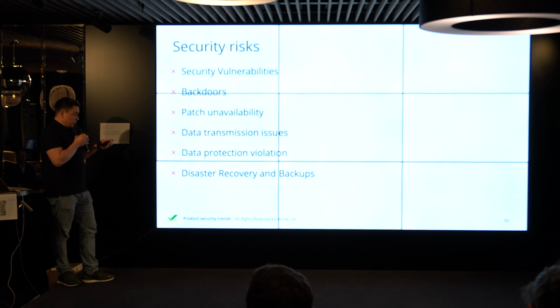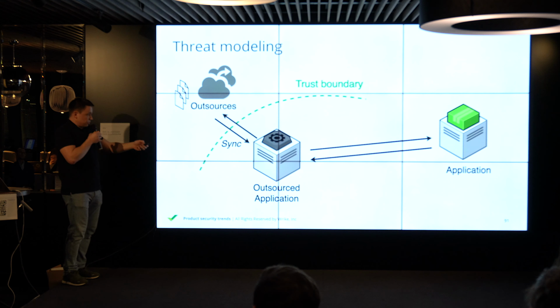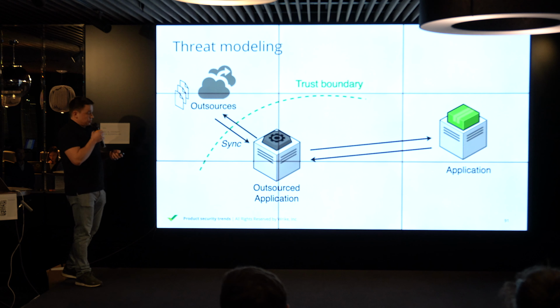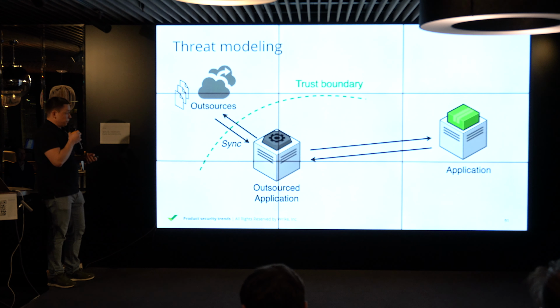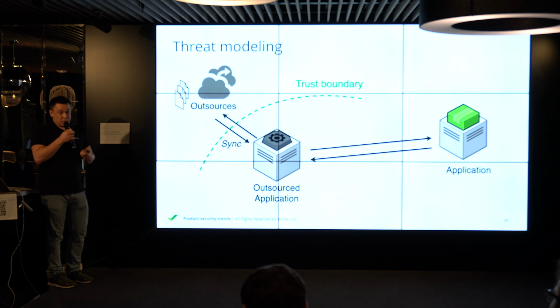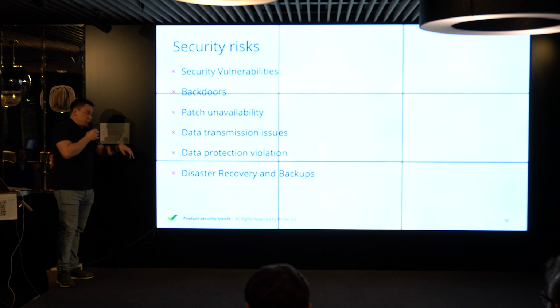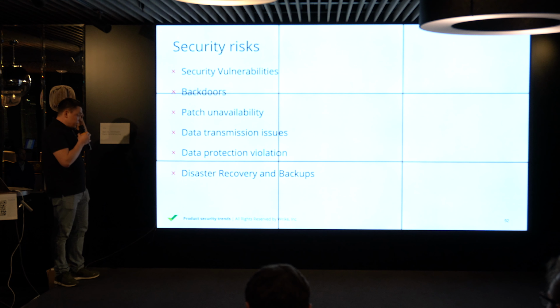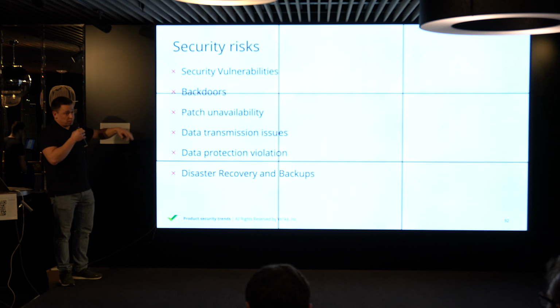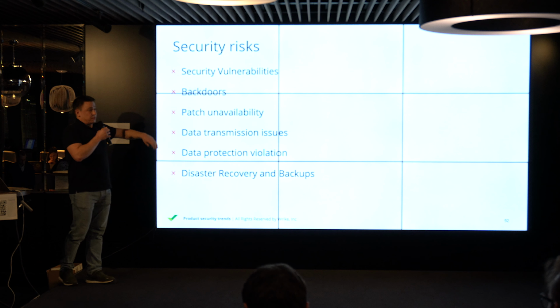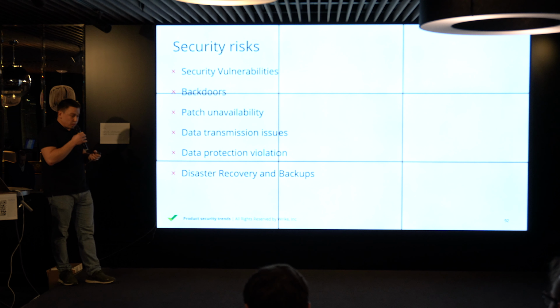So the vendor has to meet requirements for communication between our application and the outsourced application, and it also should store data in a secure and appropriate manner. Our system operations guys should take into account the disaster recovery and backups. So in this case, we will be responsible for all of these things, and we will play an important role in the recovery.